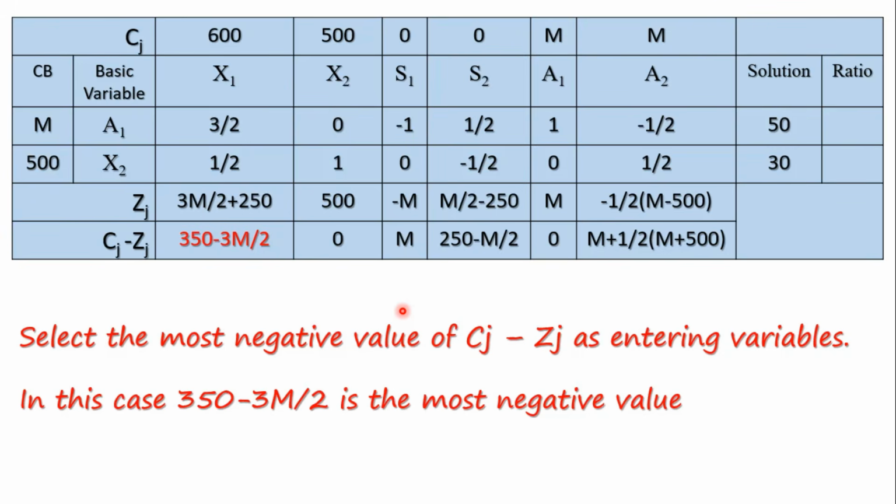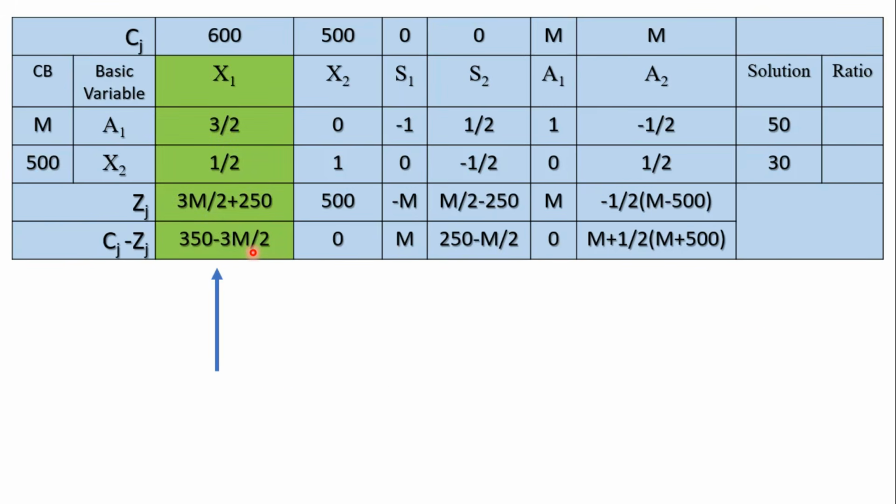For this purpose, we need to select one entering variable. The condition is to select the most negative value of cj minus zj as the entering variable. In this case, 350 minus 3m by 2 is the most negative value. This is called the entering variable. The key column variable x1 will enter. Now what will leave?